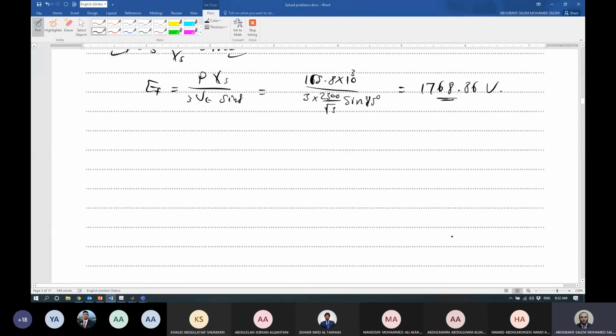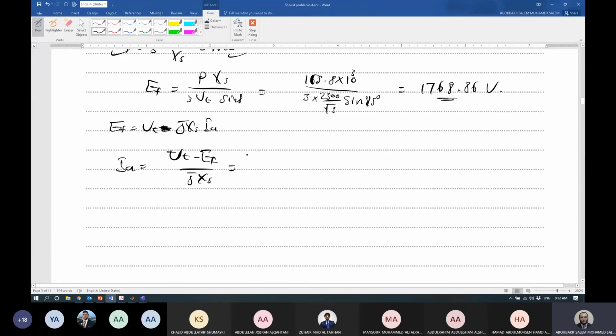From the relation of the synchronous motor, we have EF equals V terminal minus JXS multiplied by IA. So we can say now IA equals V terminal minus EF over JXS.